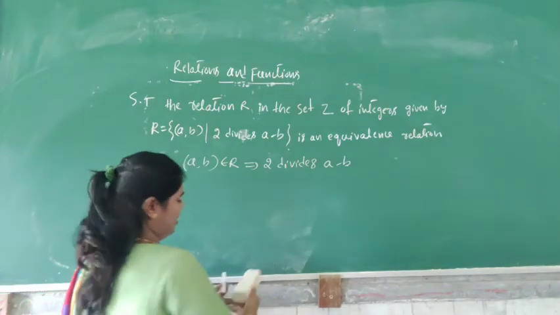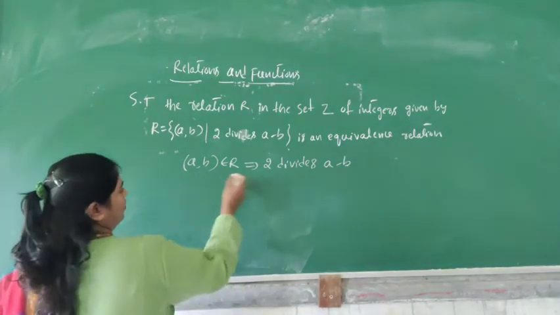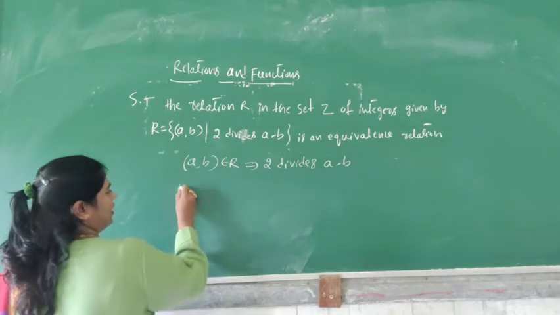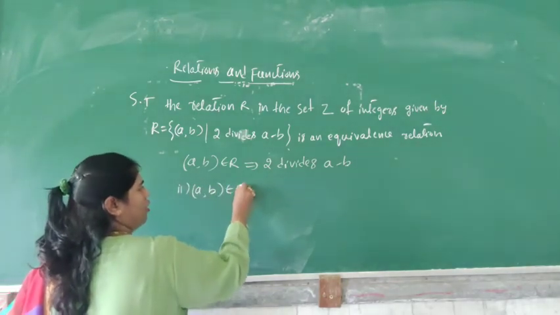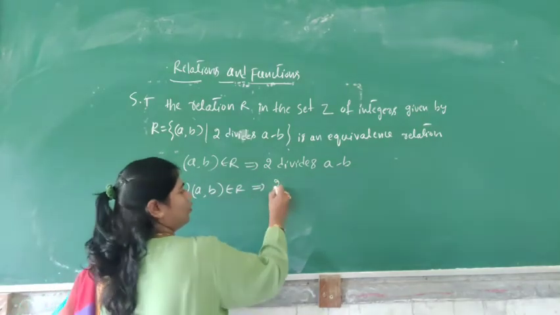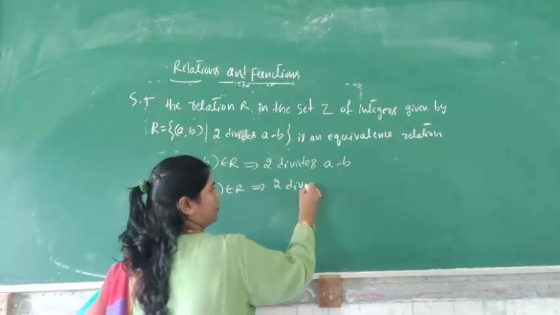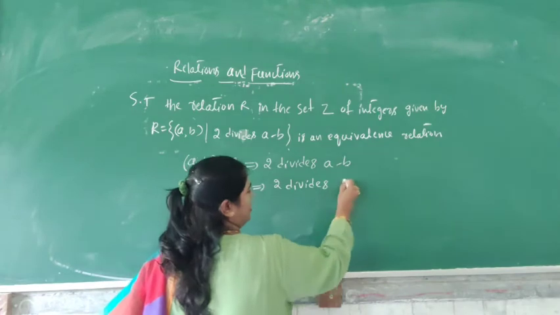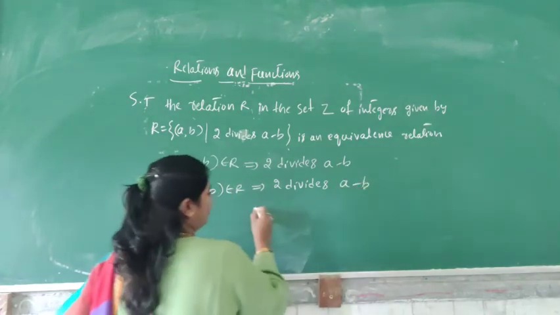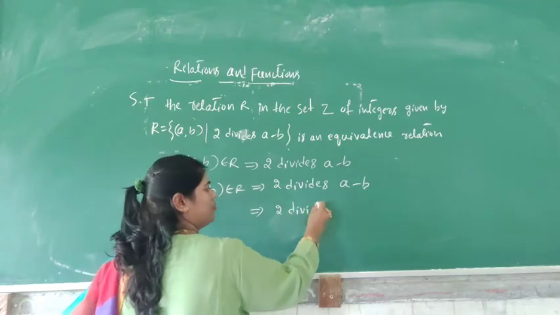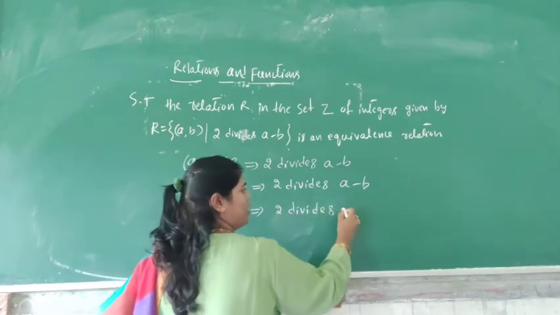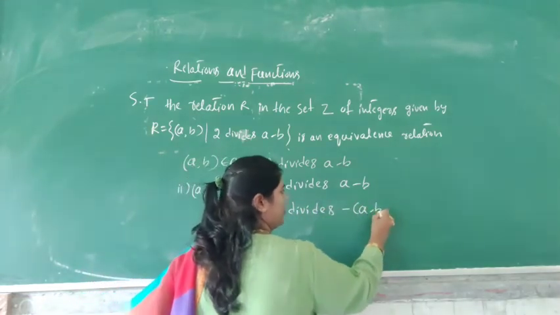Second condition: (a, b) belongs to R implies 2 divides a minus b. We can also write that 2 divides minus of a minus b.